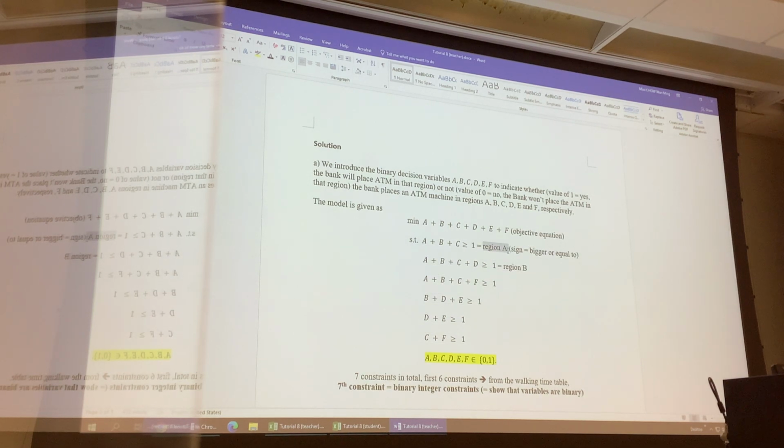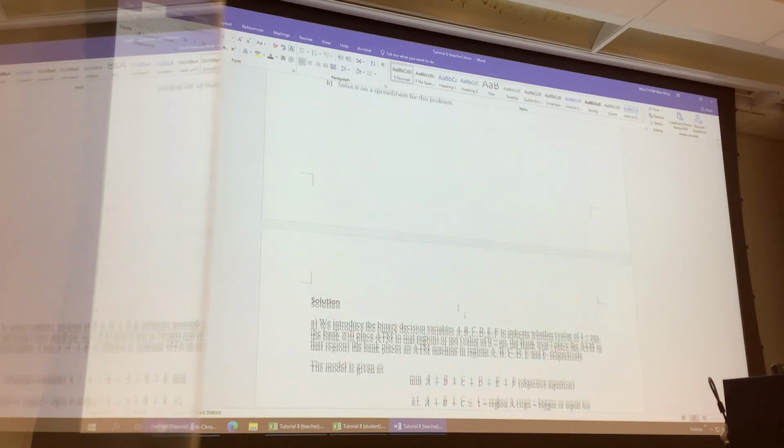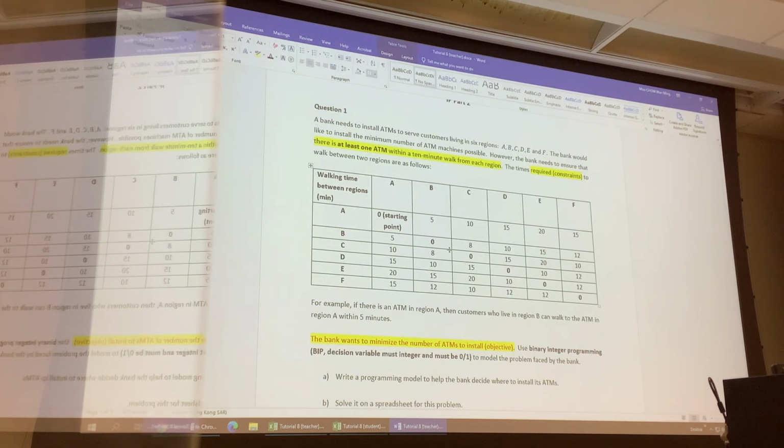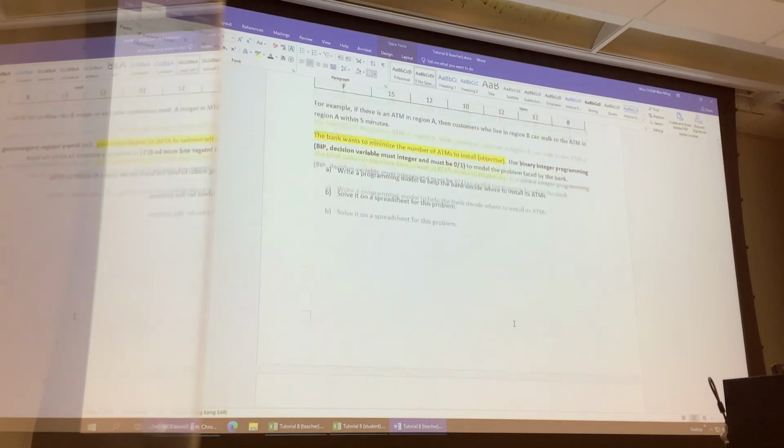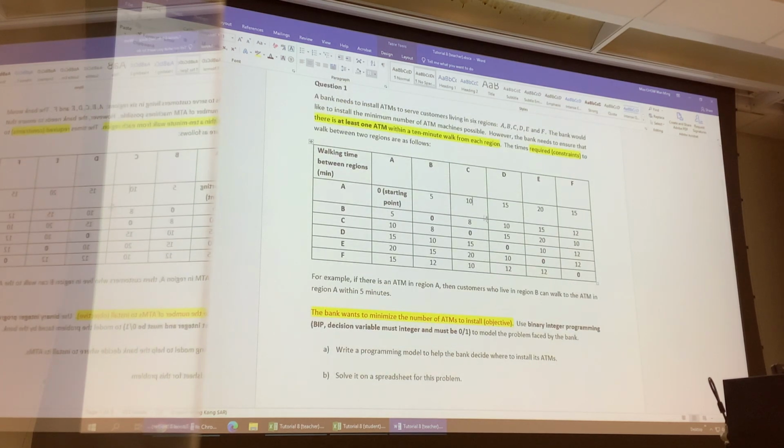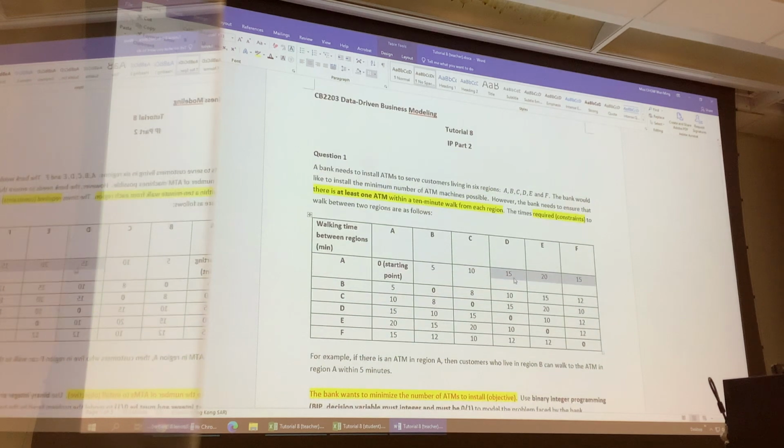And then for region A, so let's go to the first constraint first. For the first constraint, as you can see, we look at region A first. As you can see here, that is the 15, 20, and 15, right? So that is meaning that if you are from region A and then walk to region D, you have 15 minutes, and then that is exceeds the 10 minutes walk.